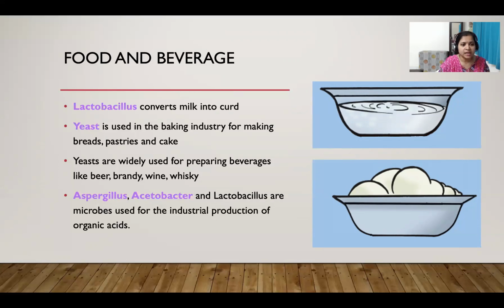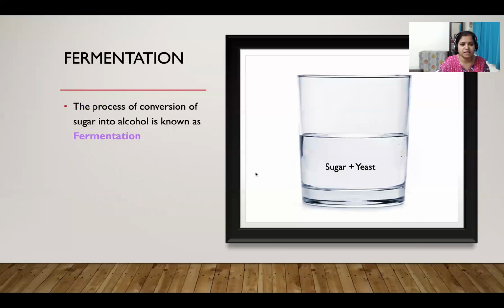Okay, so yeast are also used for preparing beverages like beer, brandy, wine and whiskey, and the process is called fermentation. Okay, if you take a little bit of water in a glass, add some sugar and yeast, after 1 hour you try to smell that liquid, and that smell is of alcohol.